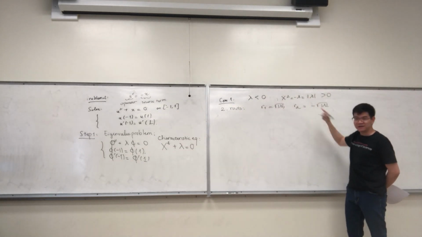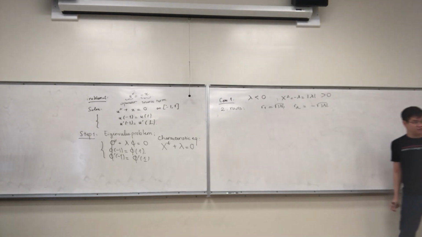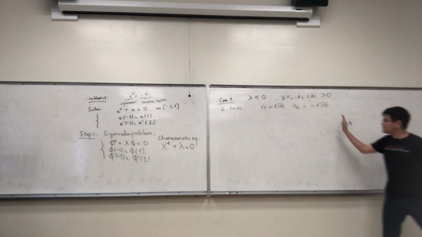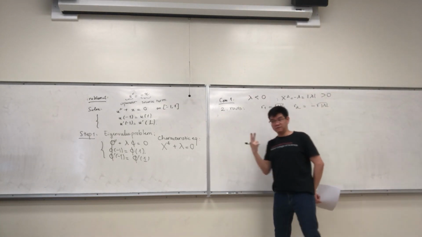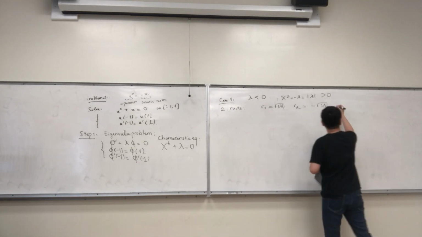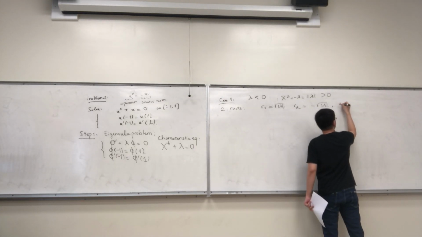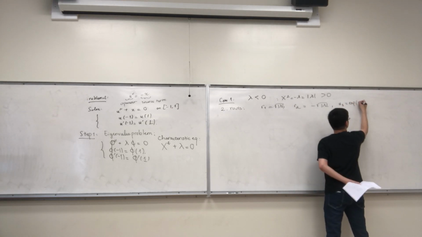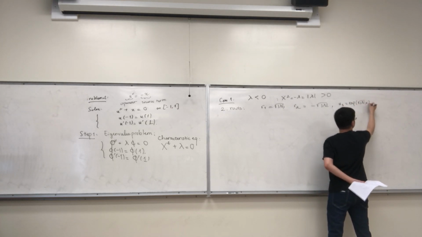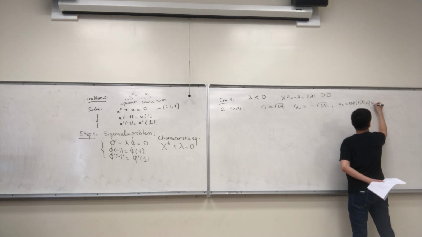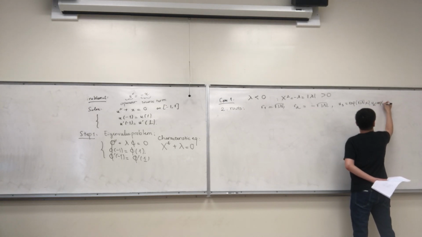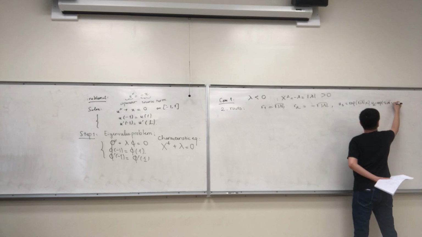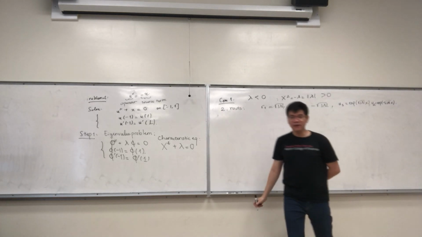Which means that you have two solutions: u1, which is the exponential of square root of lambda x, and u2, which is the exponential of minus square root of lambda x.